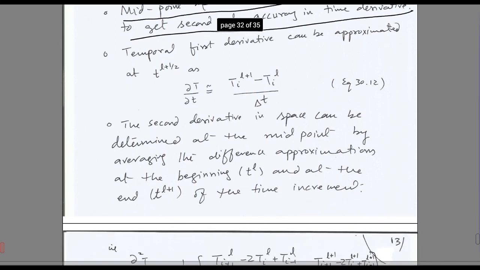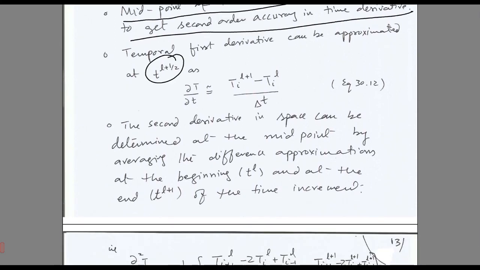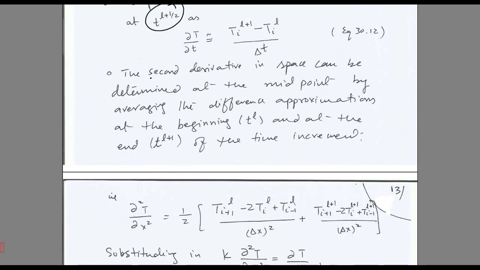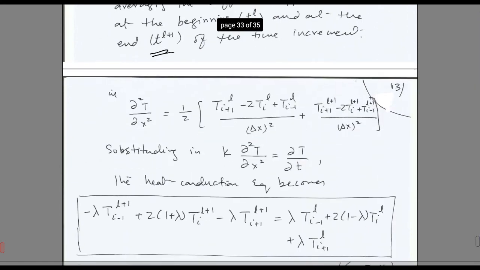So it goes like this. We use the midpoint of the time to calculate the time derivative improvement. The second derivative in space can be determined at the midpoint by averaging the difference approximation at the beginning of the time and at the end of the time. So the approximation is obtained by including a midpoint averaging for the spatial derivative.